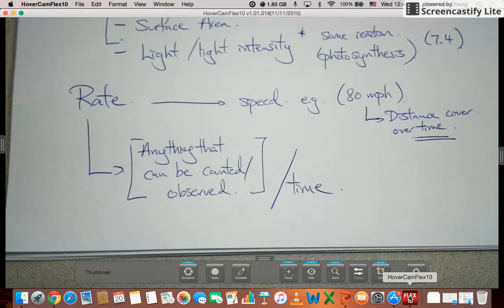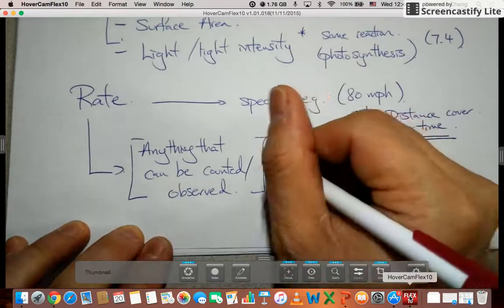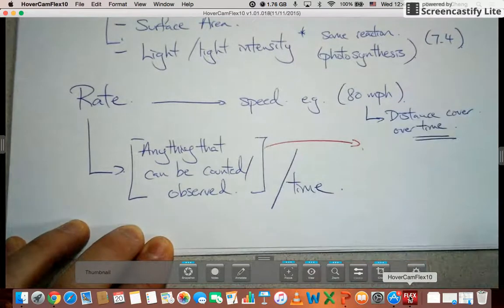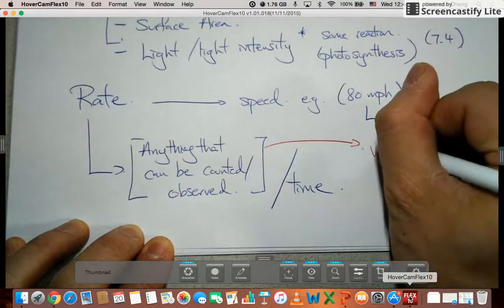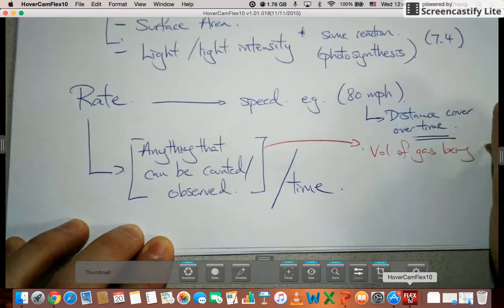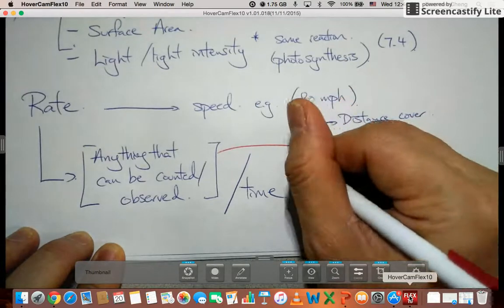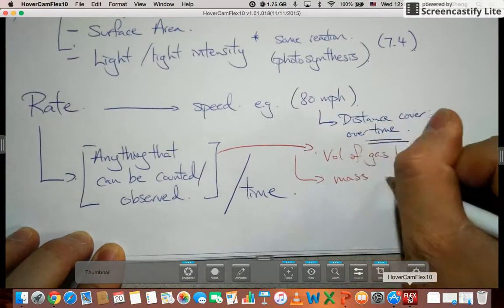And all this can be many things. So I can talk about the volume of gas being formed. We'll talk about that. You can talk about mass changes.